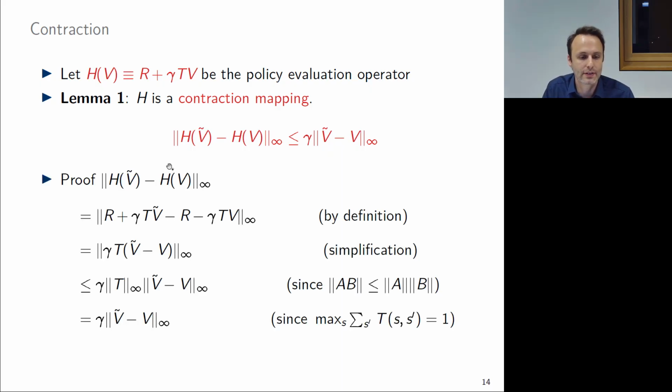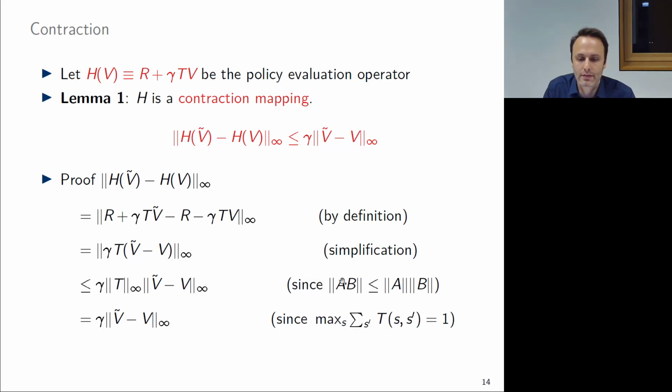Now, the proof for this is that we just take here the left-hand side and plug in the definition. If we do that, we can cancel the reward vectors here. So we get gamma times the transition matrix times the difference between the two estimates and the max norm of it.